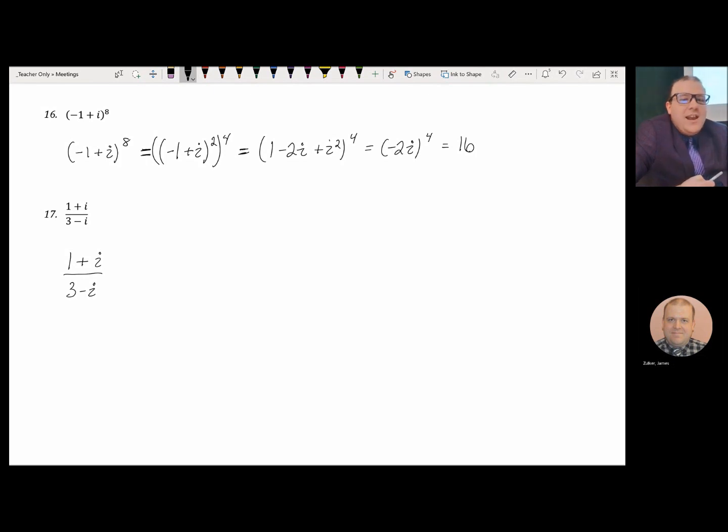Just like in algebra, when you rationalize when you had a square root in the denominator. That's what we're doing here. Because the idea is you do not want i in the denominator.